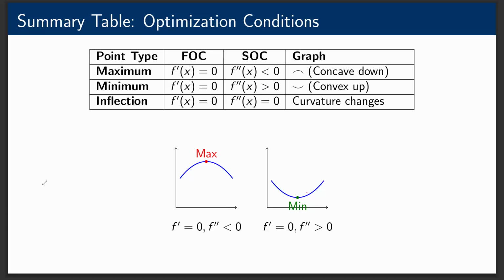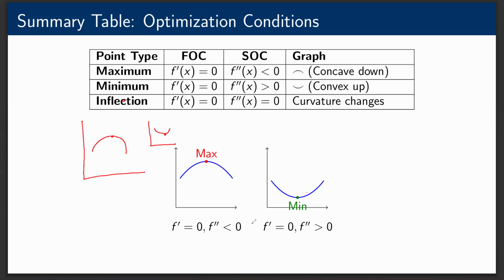Why? Just look at this diagram. As I remember, this is the maximum point in this diagram, so its second order derivative should be negative. This is the minimum point, so the second order derivative should be positive.